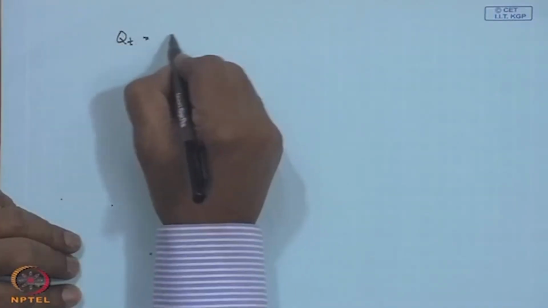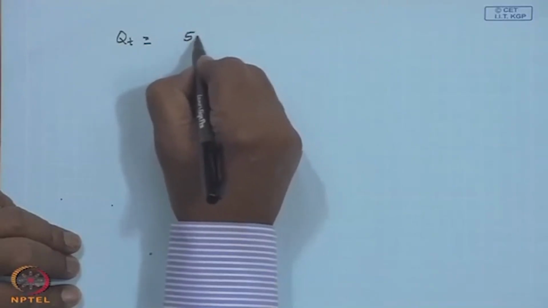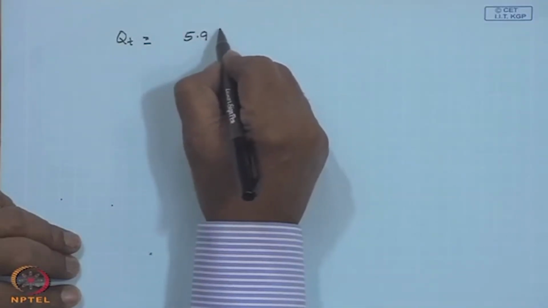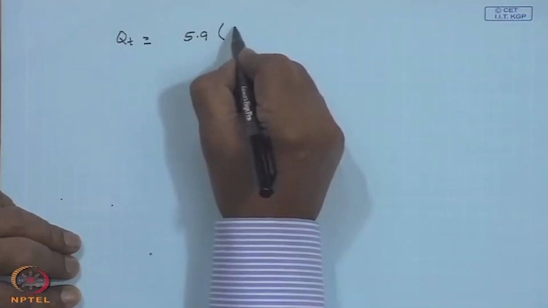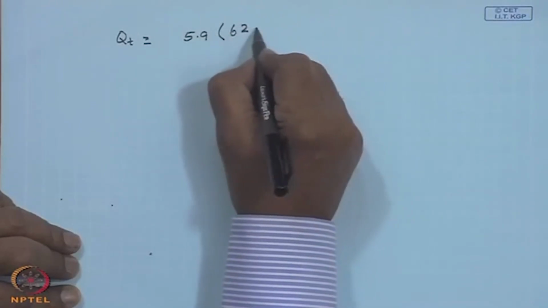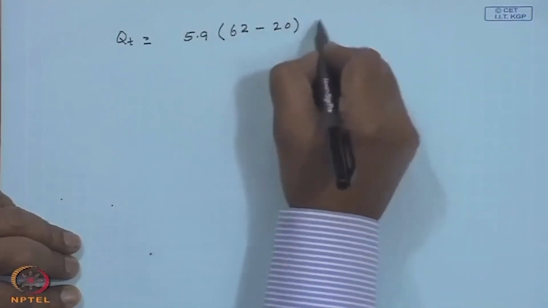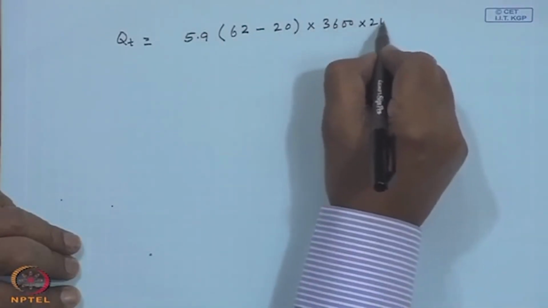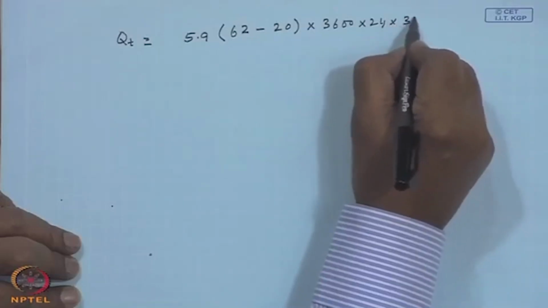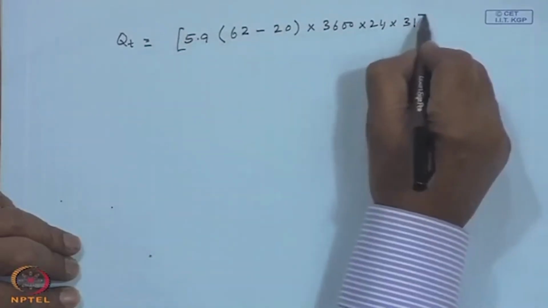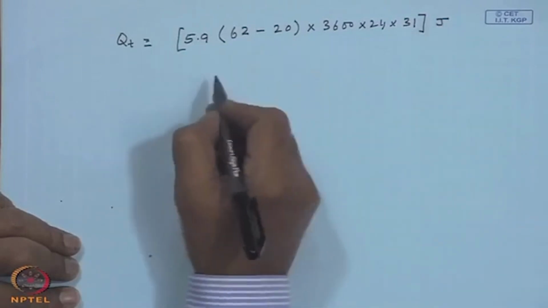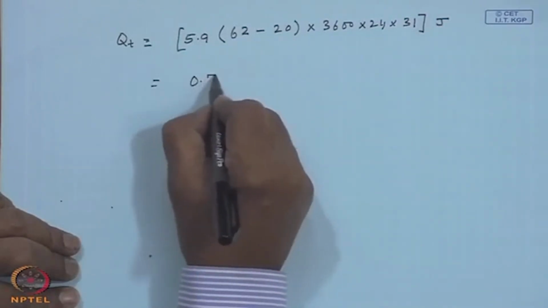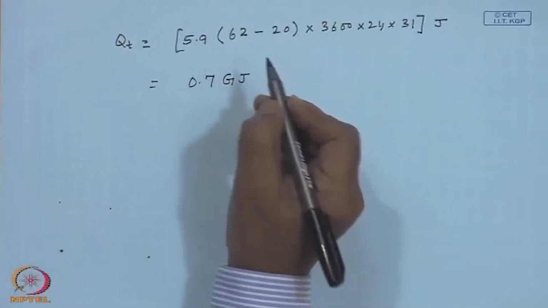So, with this assumed temperature of the tank, losses from the tank Q T will be equal to 5.9, that is UA product, times 62 minus 20 times 3600 joules, 24 times 31 number of days, so many joules. This comes to 0.7 gigajoules. So, it is not too small.